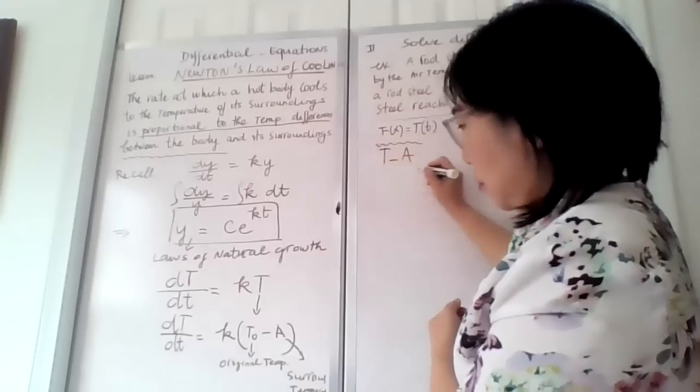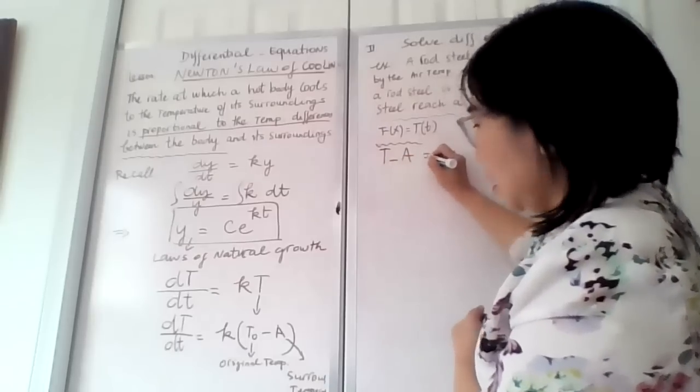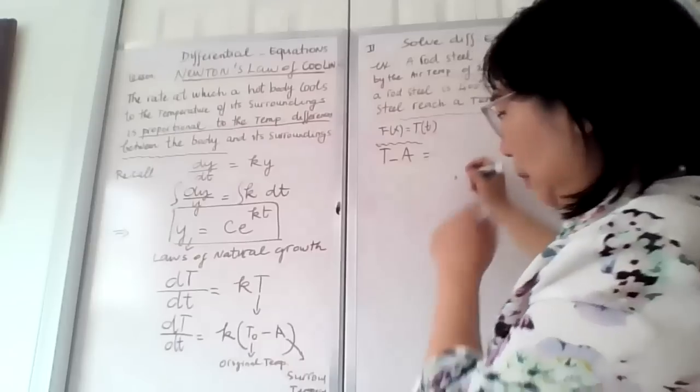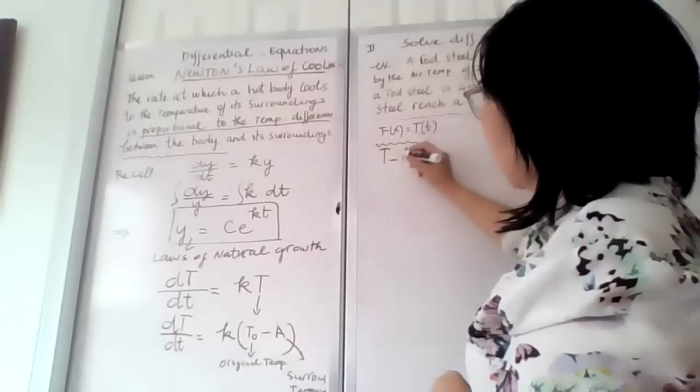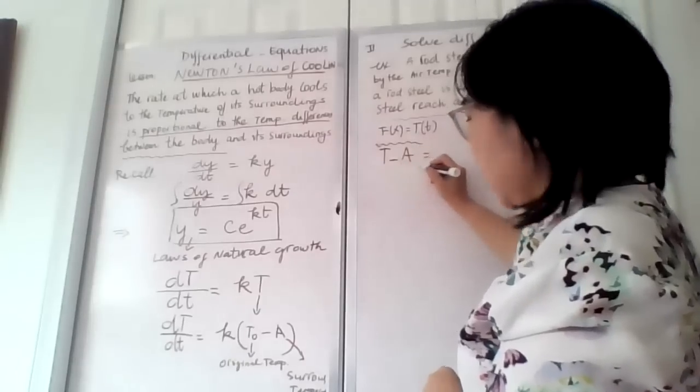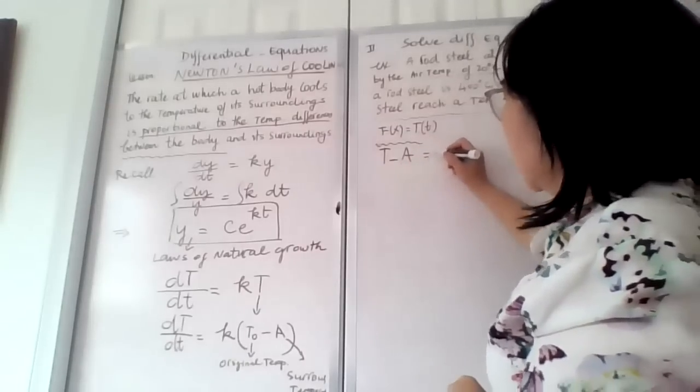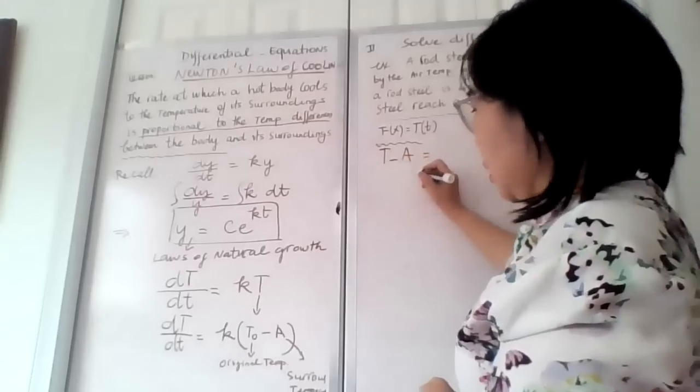So this is the variable. So T minus A here is the function.